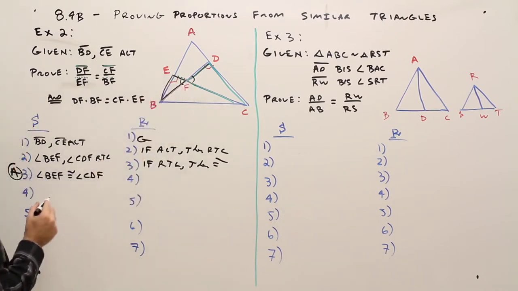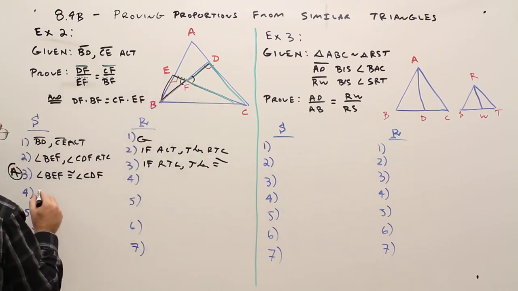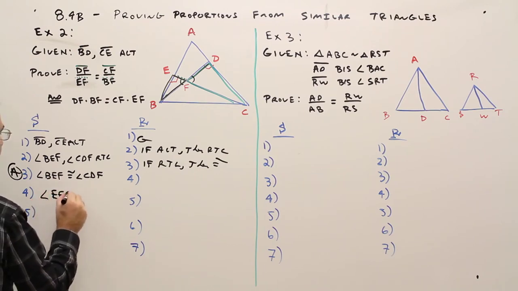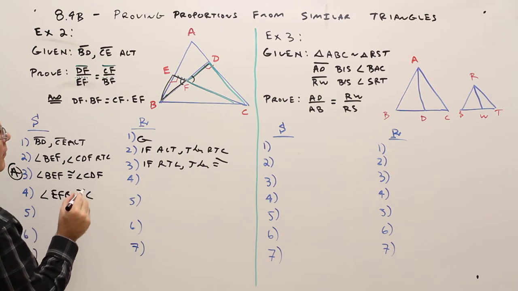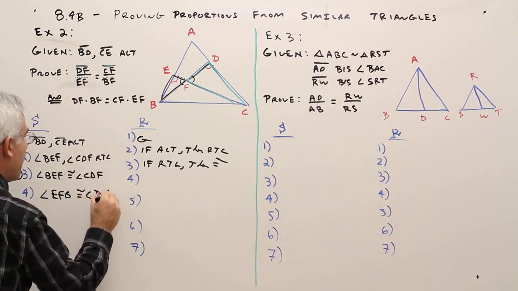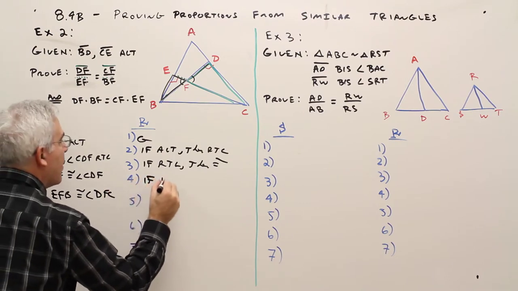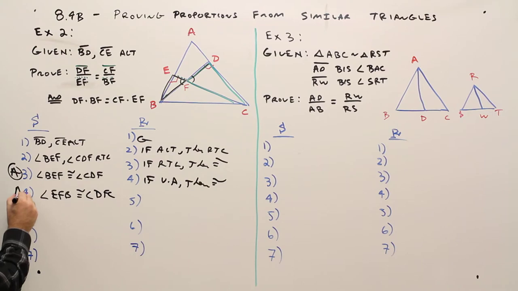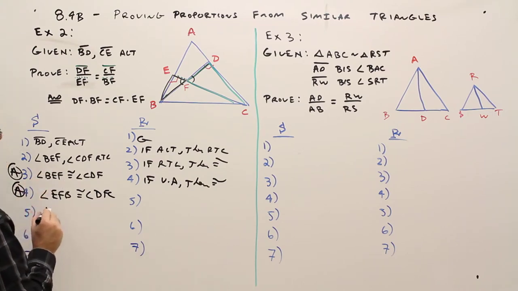I'll get the other angles by vertical angles. Angle EFB is congruent to angle DFC. If vertical angles, then congruent. That's my other angle. Then I'll get the triangles to be similar.